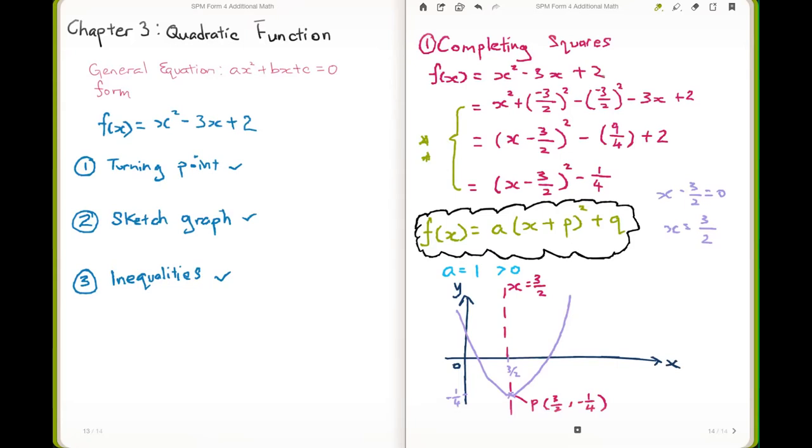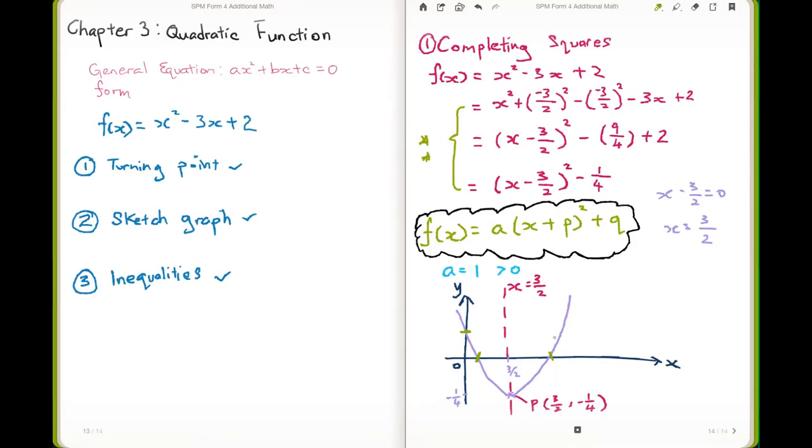As you have seen earlier, what I showed here, in order for you to have a graph, whether U graph or N graph, the graph should intercept at the y-axis and x-axis.